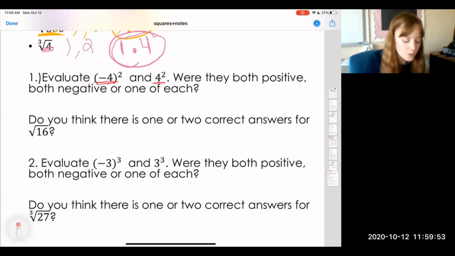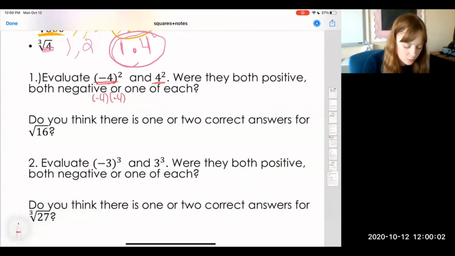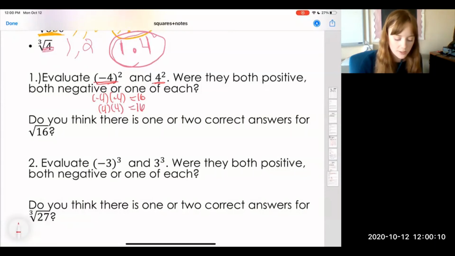Well, -4 squared means -4 times -4, which is positive 16, because a negative times a negative is a positive, and 4 squared is 4 times 4, which is also positive 16. So they were both positive.